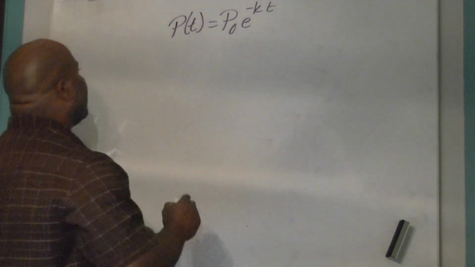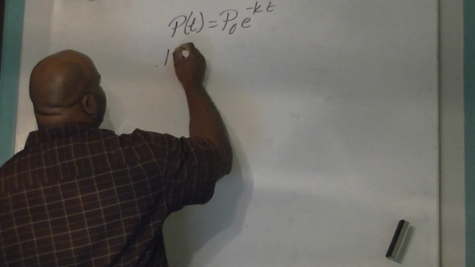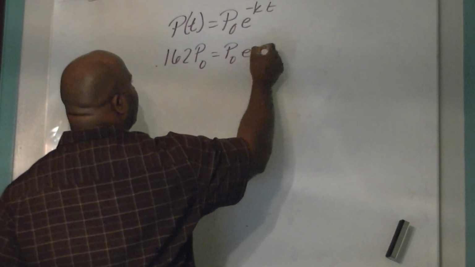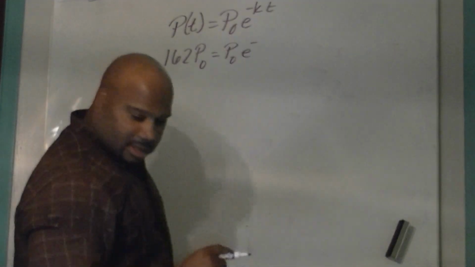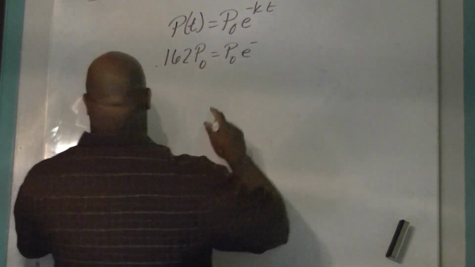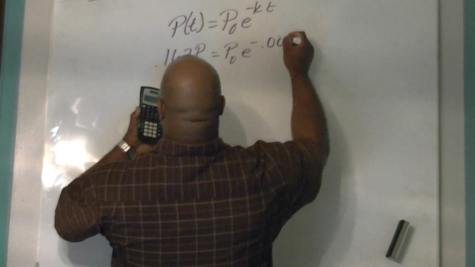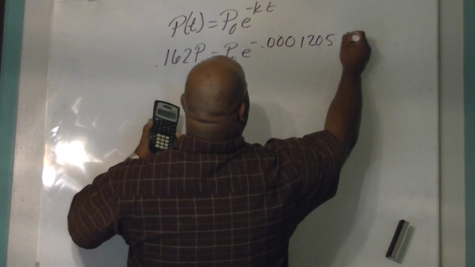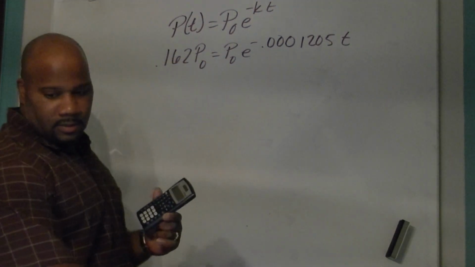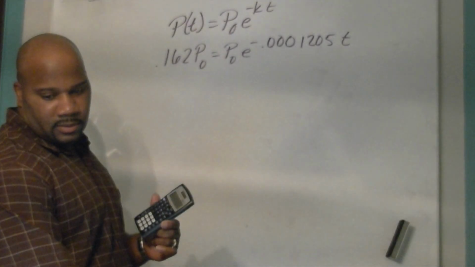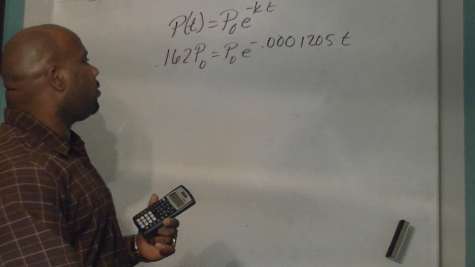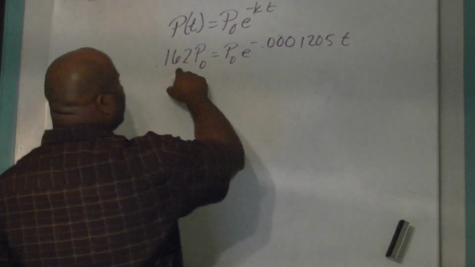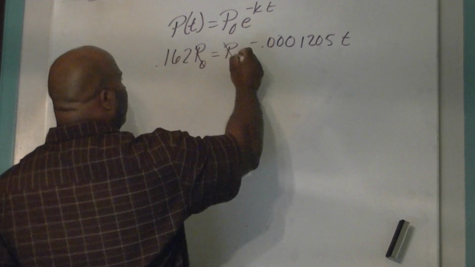Alright, so we know we got 0.162 P naught equal to P naught e to the negative K, 0.001205 times t. So we can find out how old these bones were. My P naughts cancel.